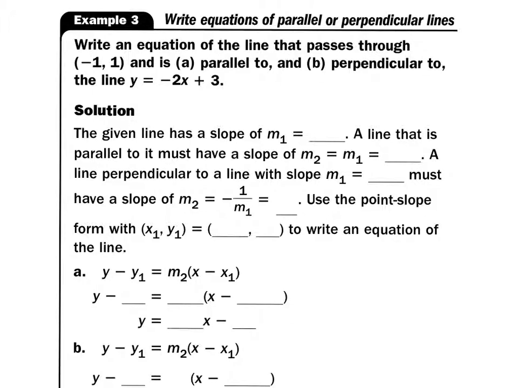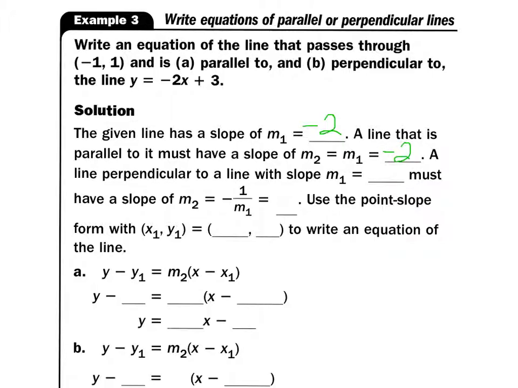Okay, write equations of parallel or perpendicular lines. Write an equation of a line that passes through -1, 1, is (a) parallel to, and (b) perpendicular to the line y equals -2x plus 3. So the given line has a slope of -2. A line parallel to it must have a slope m2 equals m1, so that's going to equal -2 also.